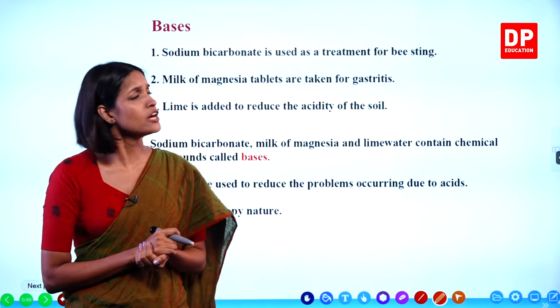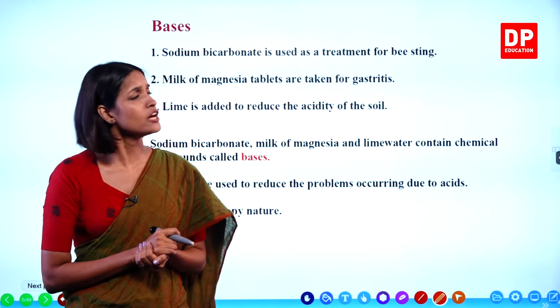But you must have felt after a little while, you feel this burning sensation in your stomach. So what is the reason, children? When you don't eat food, when your stomach is empty, because the gastric juice contains this hydrochloric acid, you feel that burning sensation.